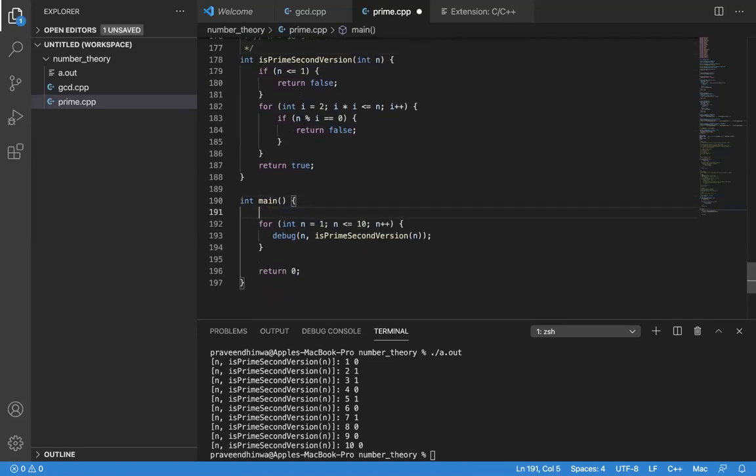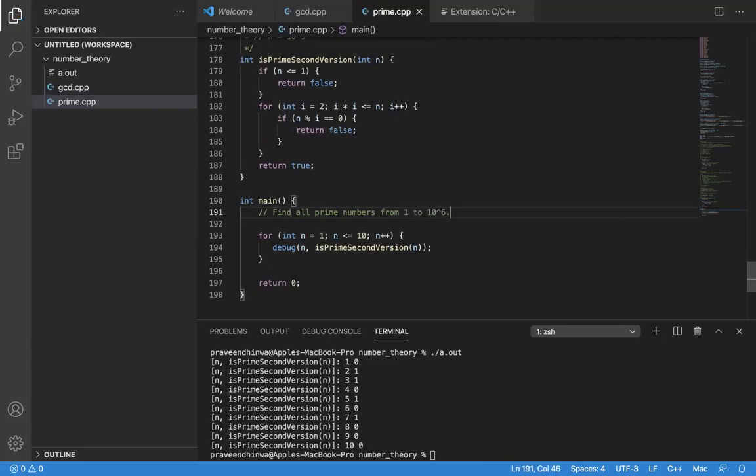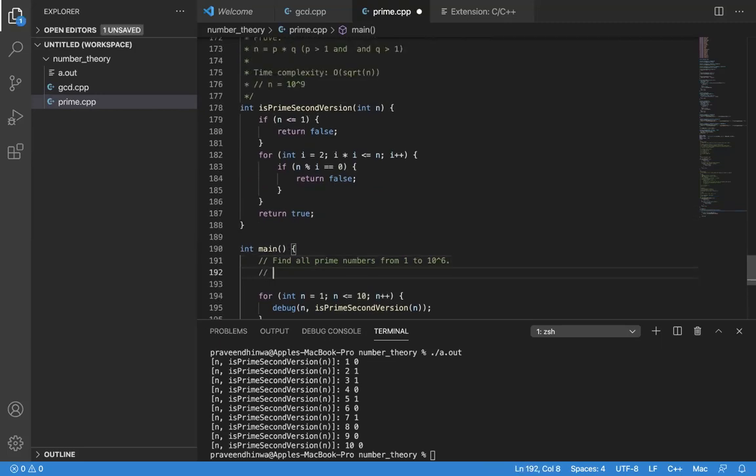So suppose I want to find all prime numbers from 1 to, let's say, 10 power 6. If I use this program for finding a single number n, it will take square root of n steps.